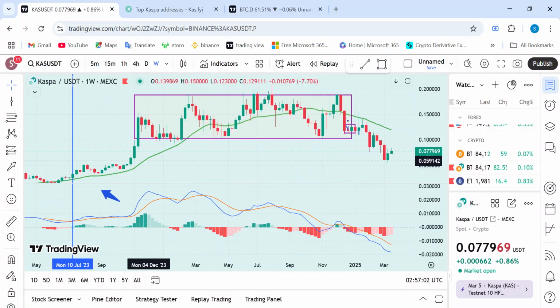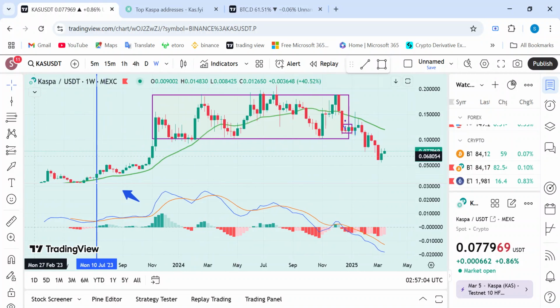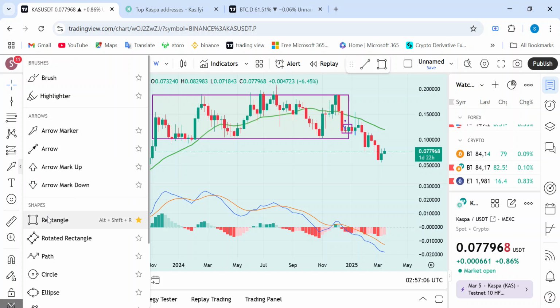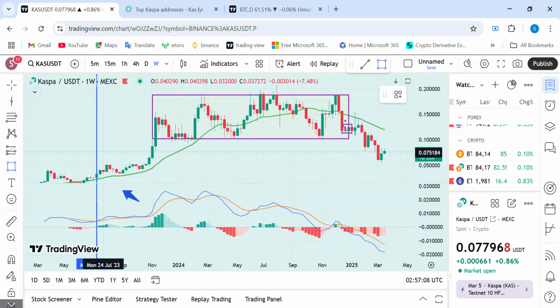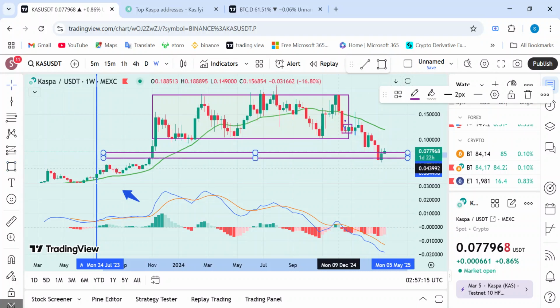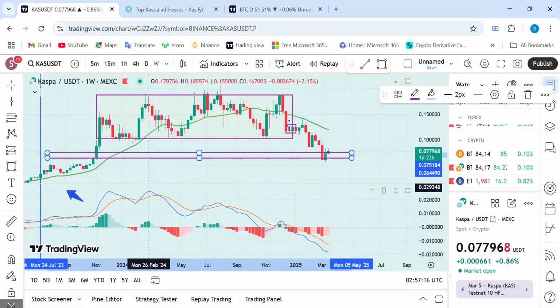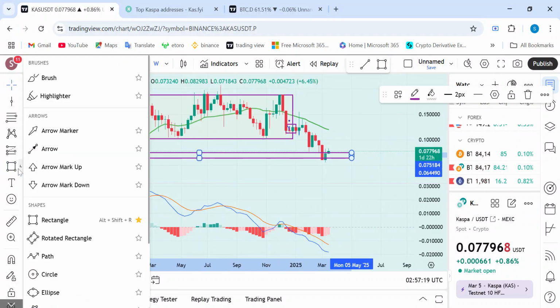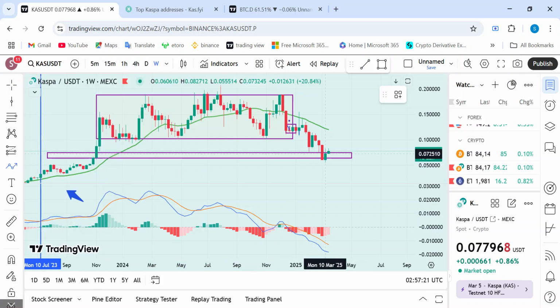And this correction that you're seeing right now was necessary because we had left a huge fair value gap in this zone, which we tapped just recently. After that, obviously, there will be some kind of accumulation, and then we will most likely be putting a pattern like this and then go up.